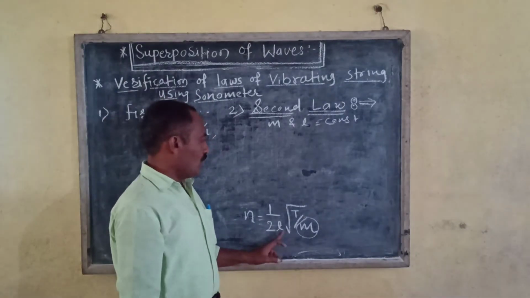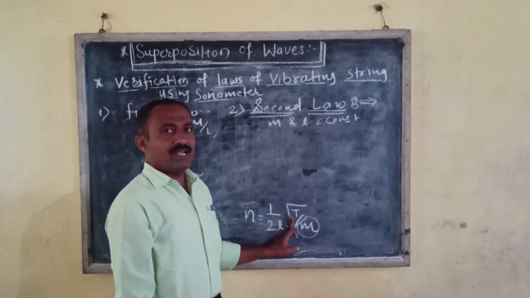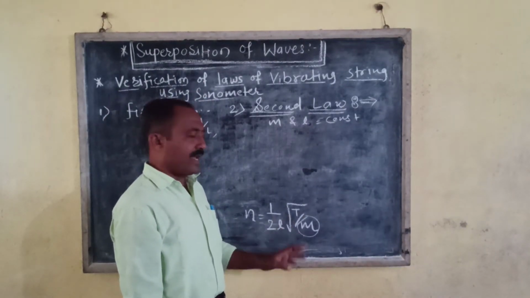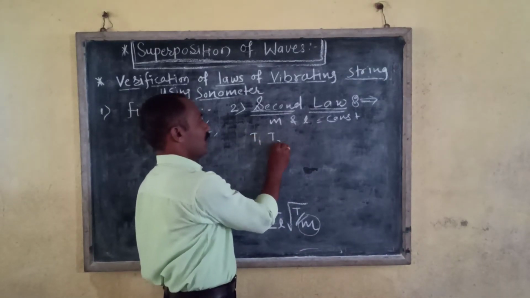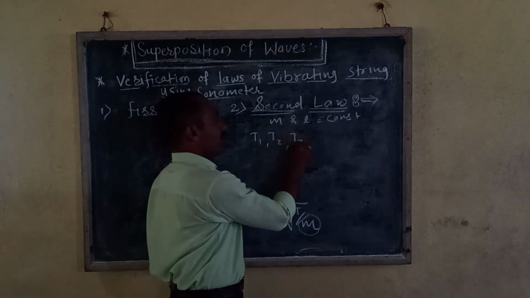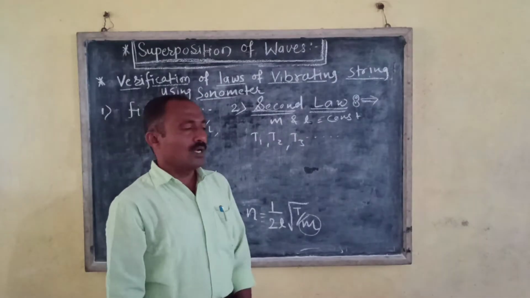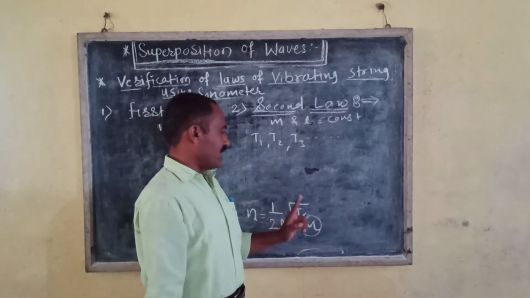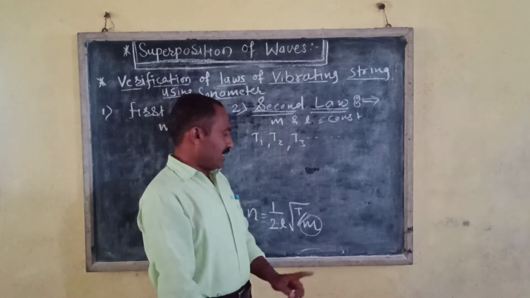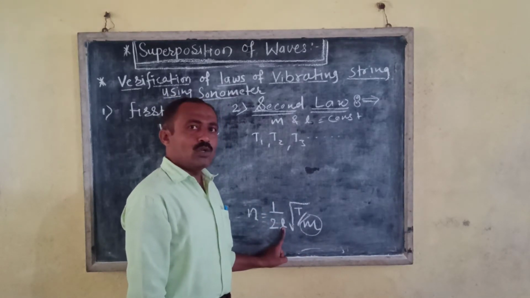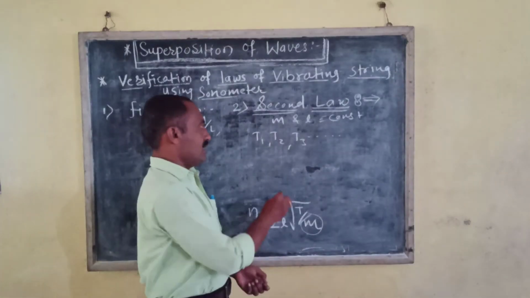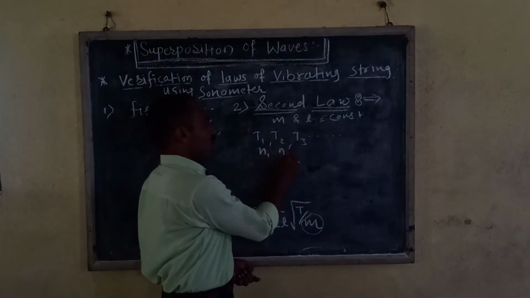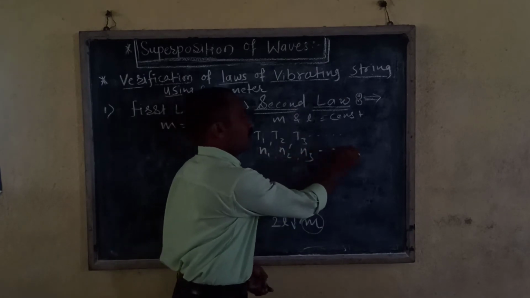Now we apply different tensions T1, T2, T3 and so on to stretch the wire, and the same length is made to vibrate in unison with the frequencies N1, N2, N3 and so on.